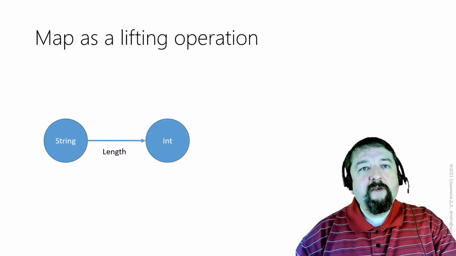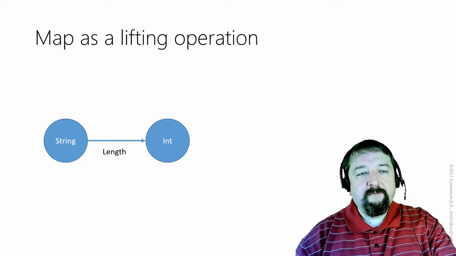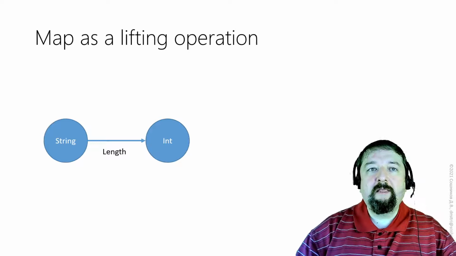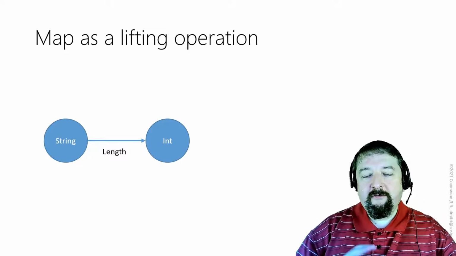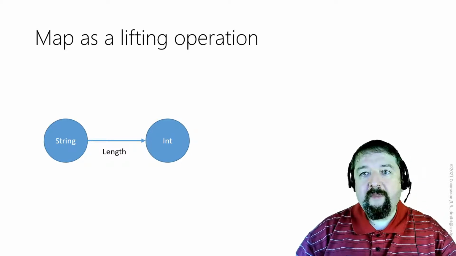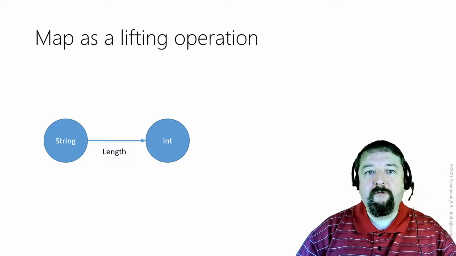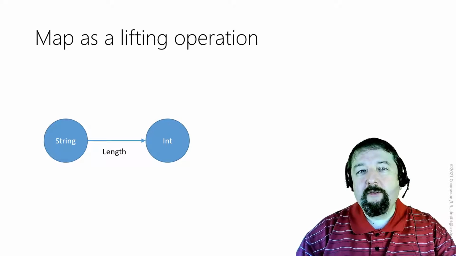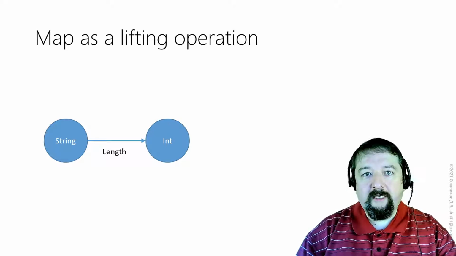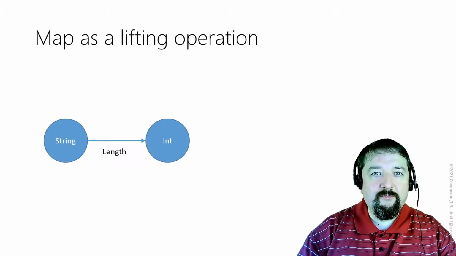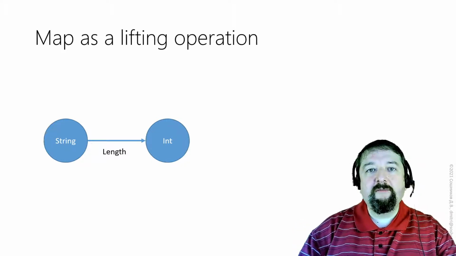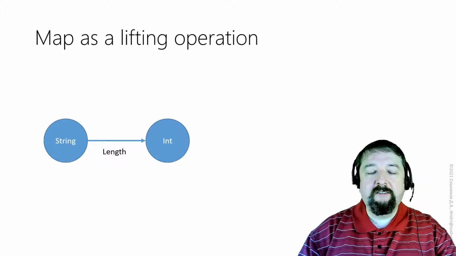So map is a very interesting concept, and let me quickly describe how we can think of map as a function which lifts a certain operation to another type. That is something we will talk about later on when we talk about category theory and the beauty of functional programming, when we think with higher level abstractions, but that would be the first step to think in this direction.